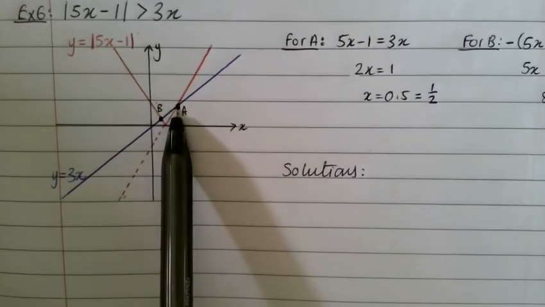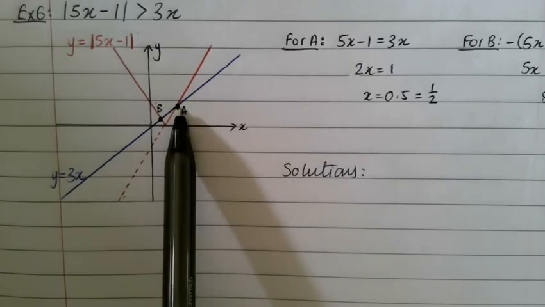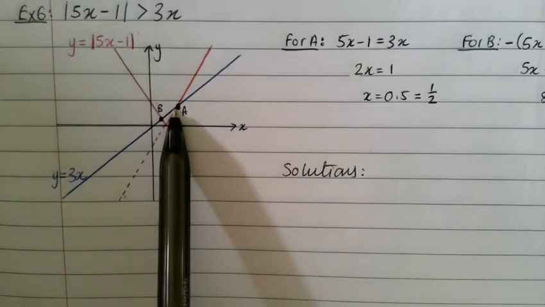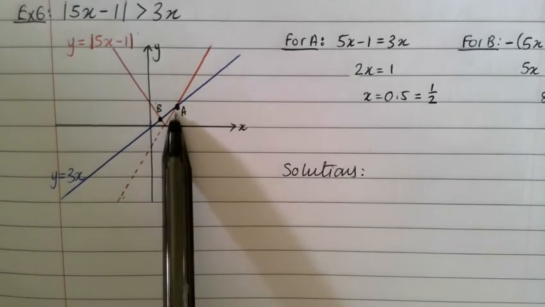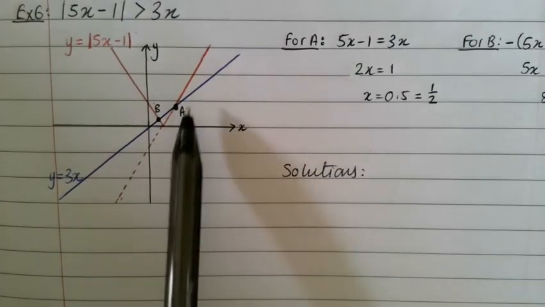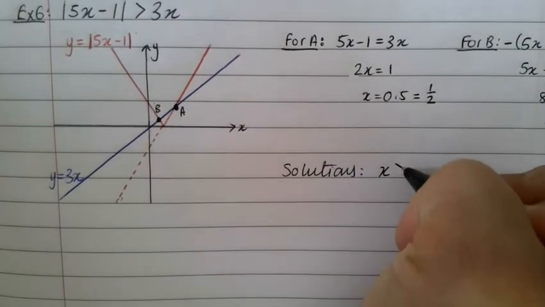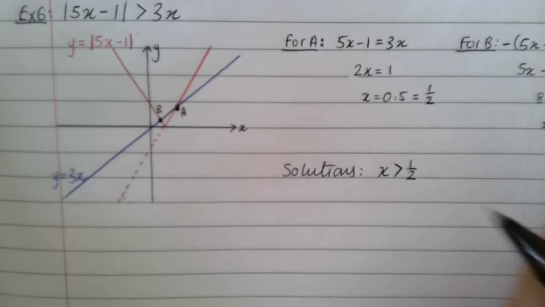Well, clearly it's to the right of A. We've just found out that A is a half. It's for values that are bigger than a half that the red graph is greater than the blue graph. So our first solution is that x has to be greater than a half.